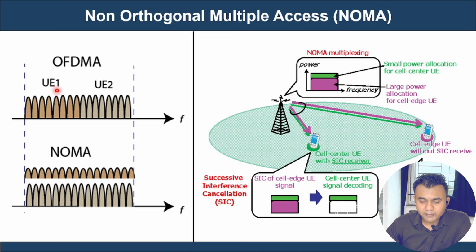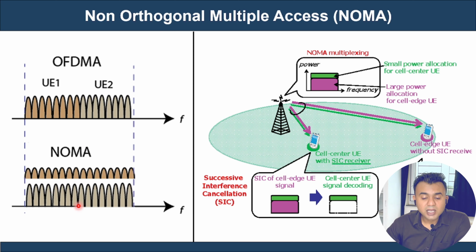If it is OFDMA, what I'm going to do is have, let's say, different blocks of frequencies allotted to both the users, right? Different frequencies are allotted, but I'm going to transmit the same power. Whereas NOMA says, okay, allocate the same frequency range for both the users. So you look at this, the range of frequencies is the same for user 1 and user 2.